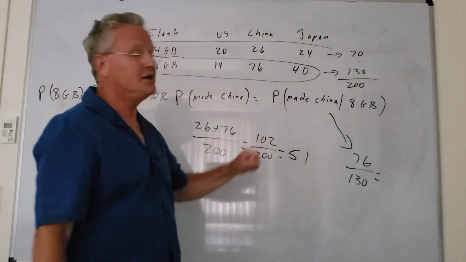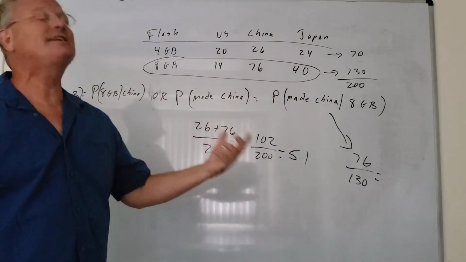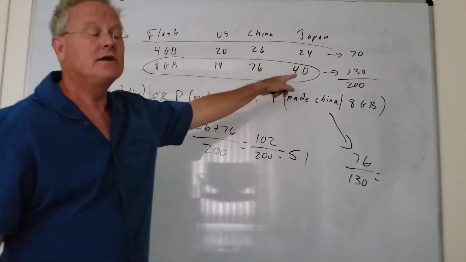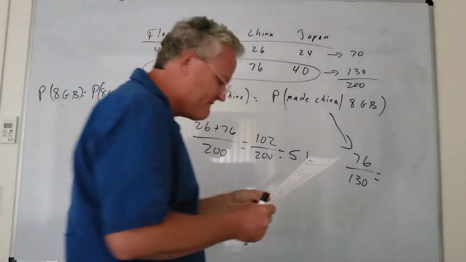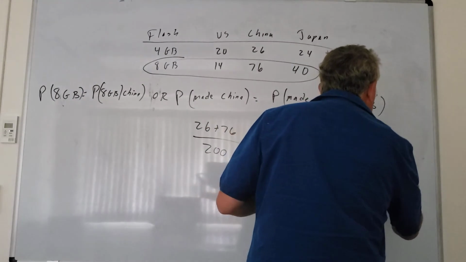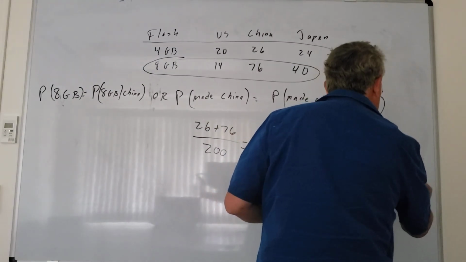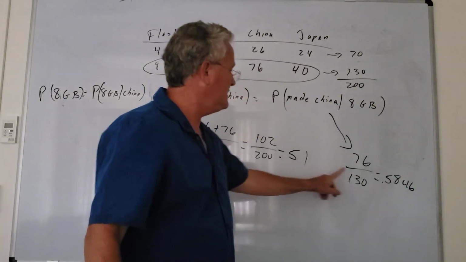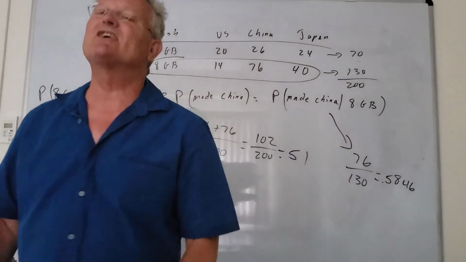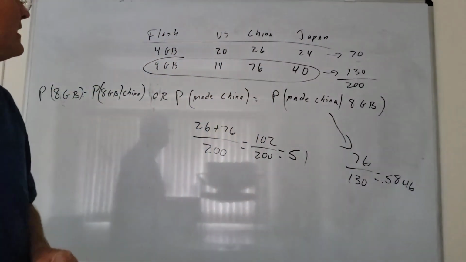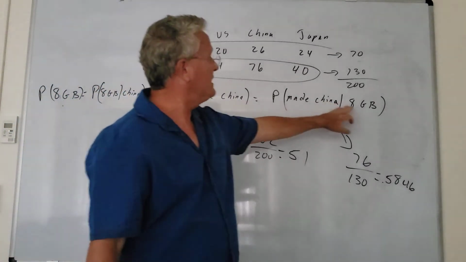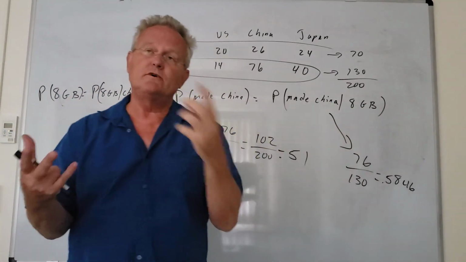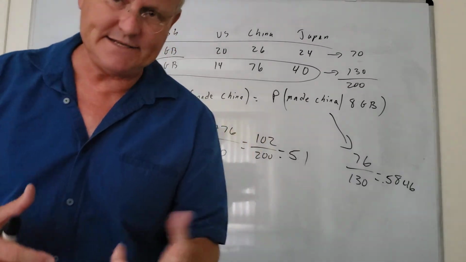That's the probability that it's made in China given that it's 8 gigabyte. Well, 76 out of 130 is 0.5846. These two probabilities are not equal to each other, therefore made in China and 8 gigabyte, those two events are dependent on each other.